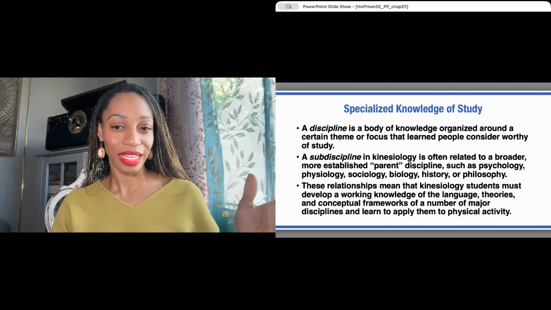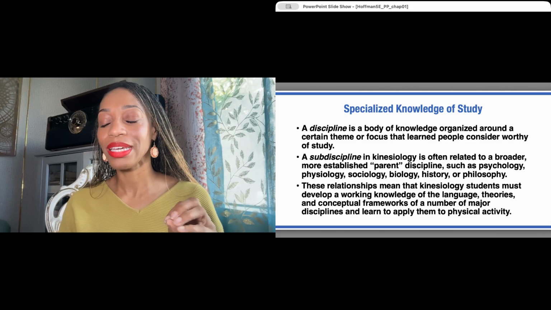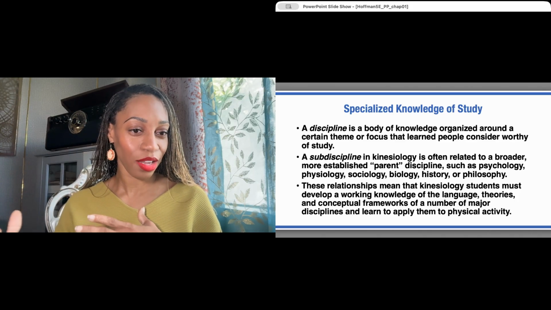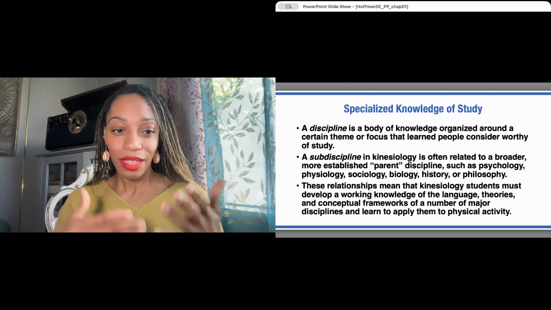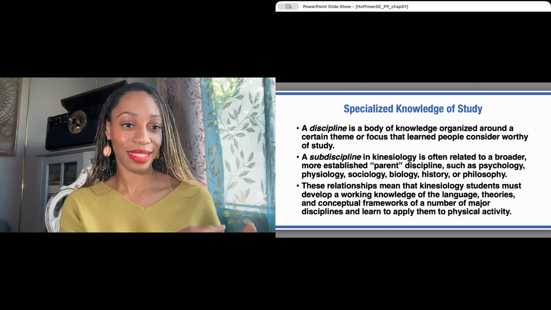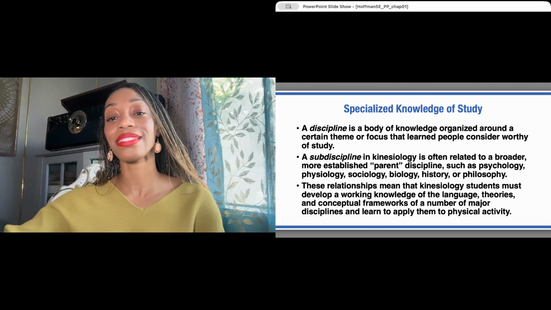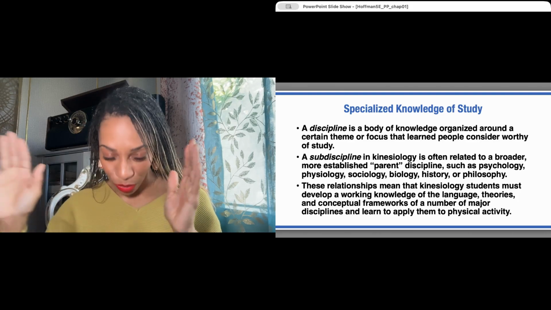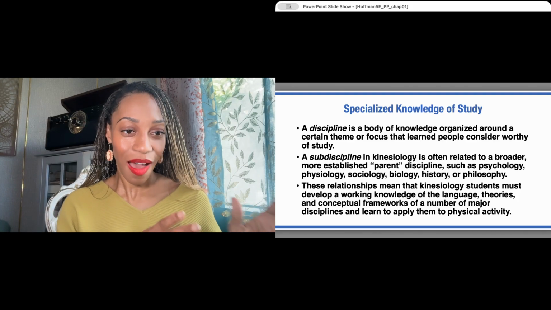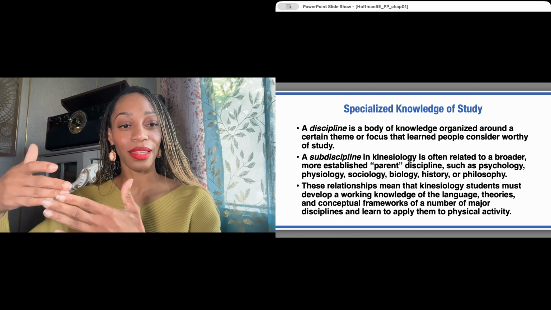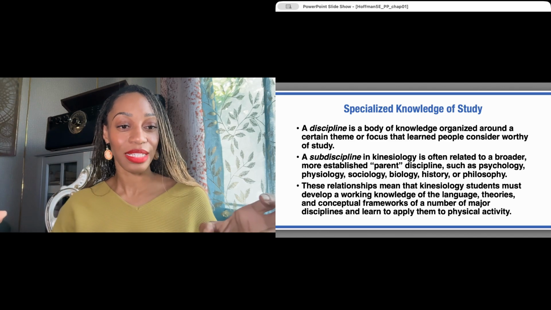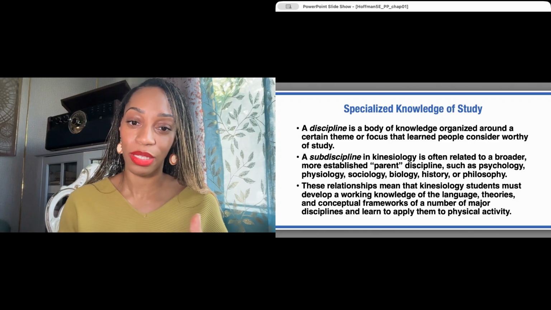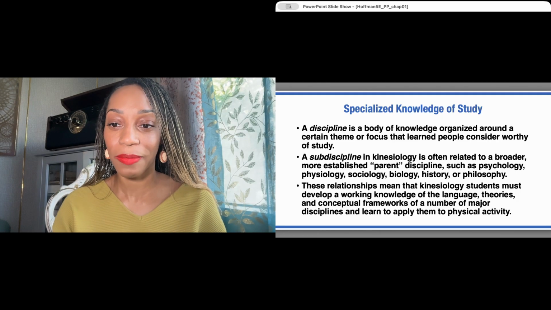You still need to understand it, but you probably would need more of that sociology, psychology, philosophy. And then if you're on the more sports medicine side, you probably wouldn't need as much philosophy or as much sociology and psychology. You absolutely would need psychology, but the levels or the percentages that you would need would vary greatly depending on the discipline or the subdiscipline that you were studying.